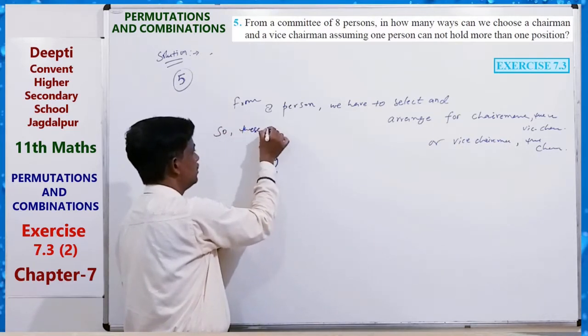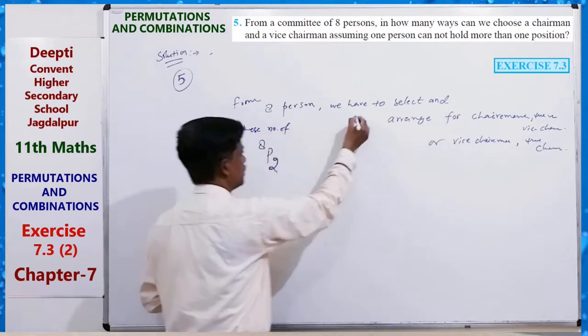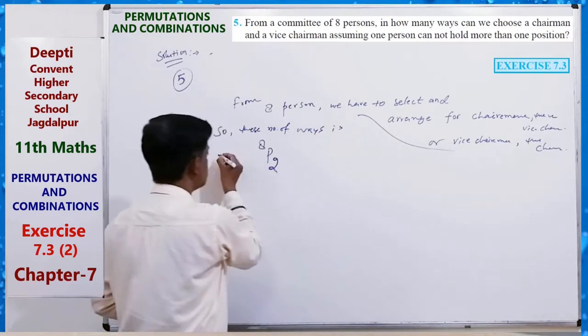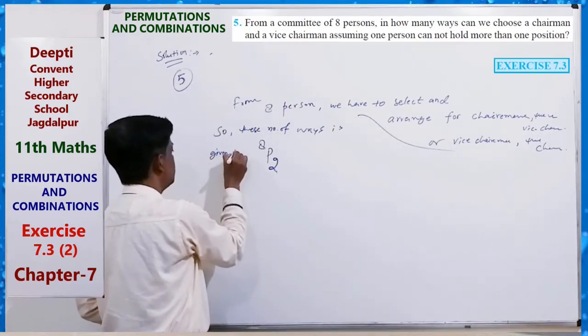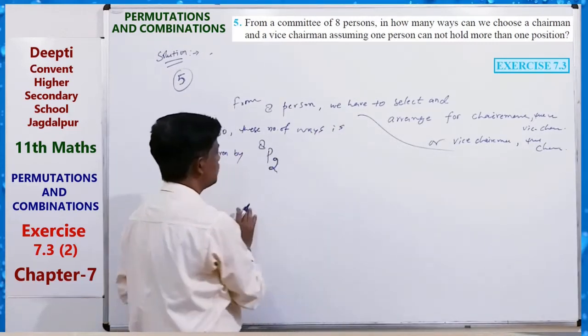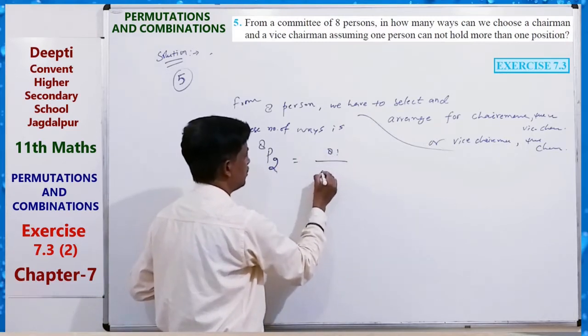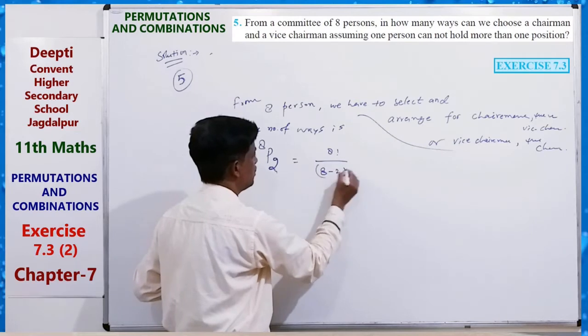The number of ways is given by 8p2, that is 8 factorial upon 8 minus 2 factorial.